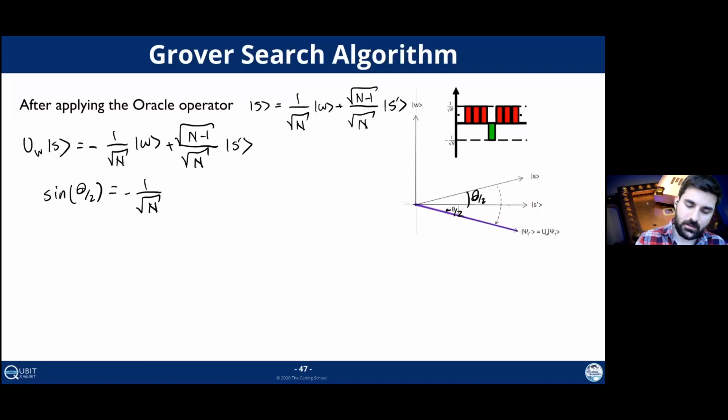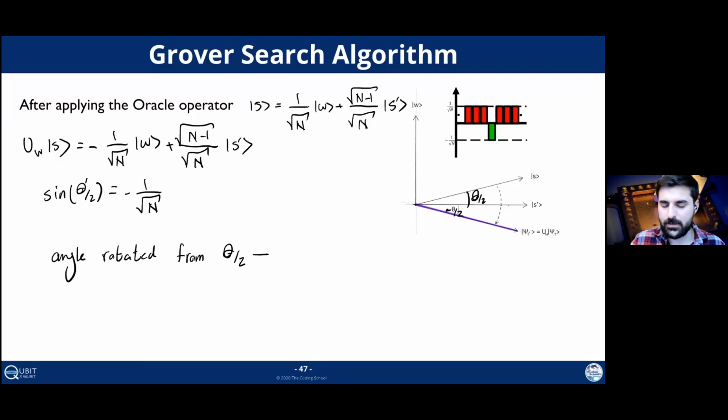That's all that's happened. So essentially it's like an angle rotation. I'm going to call this, by the way, theta prime, rotated from theta over 2 to minus theta over 2.